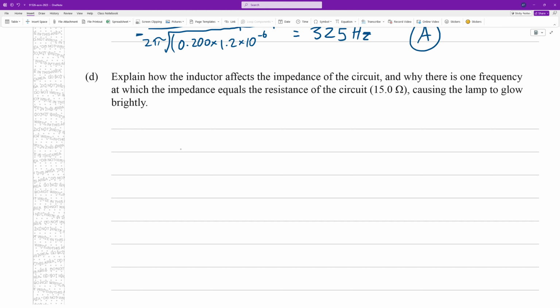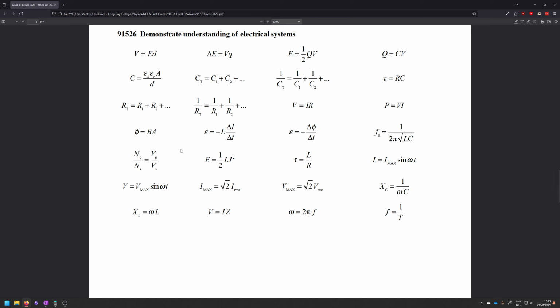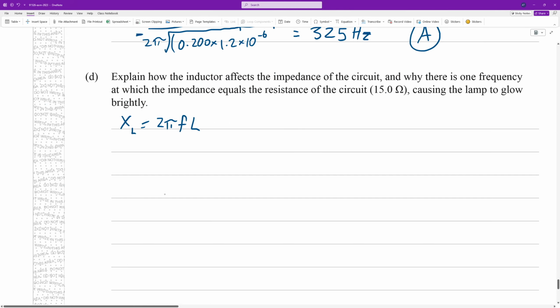So let's start by explaining how the inductor affects impedance. So XL equals 2 pi FL. So that's just on your formula sheet, bottom left, right? Instead of omega, it's 2 pi F. So the inductive reactance increases with frequency, right?